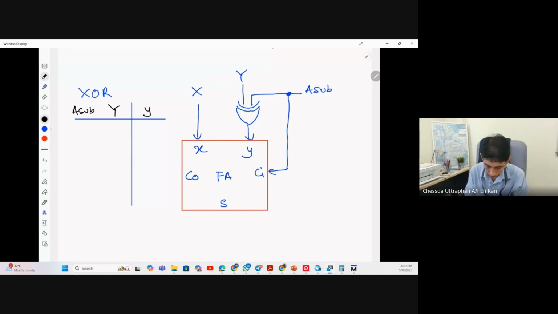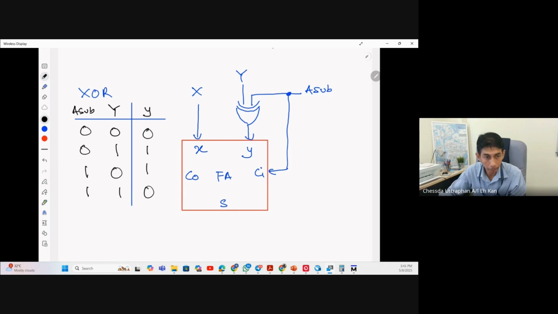So we will have 0, 0 here, 0, 1, 1, 0, 1, 1. Of course, XOR should be 0, 1, 1, 0. So this is the output of the XOR. Always like this. So look at this: if add-sub equal to 0, so what is y? y will be equal to Y, right?